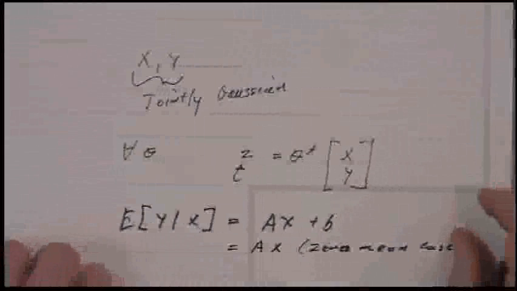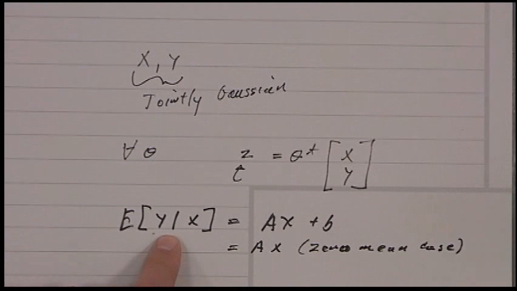So when random vectors are Gaussian, then the minimum mean square error predictor is linear. There's this very fundamental connection between linearity and Gaussianity, I guess. Is that a word? I don't know. If something's Gaussian, then optimal prediction and filtering tends to be linear.